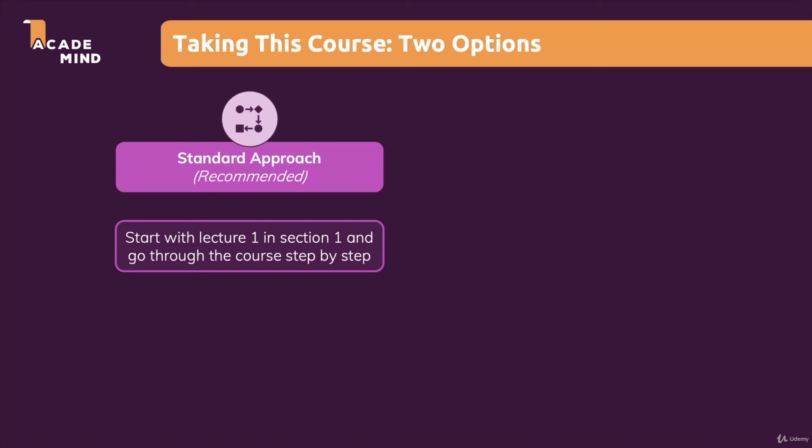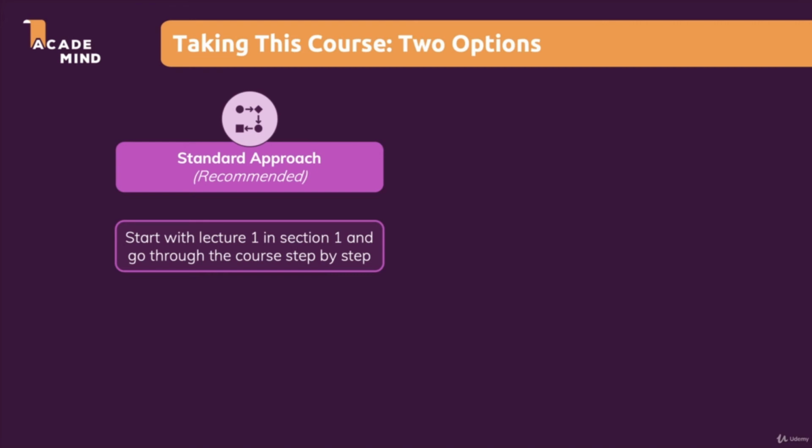I guess you already did that, but you simply then continue lecture by lecture. You maybe code along, you might repeat some concepts, but you go through the entire course step by step in order. Because I built the course such that all the modules build up on each other and you learn React step by step if you simply go through the course in the order I give it to you.